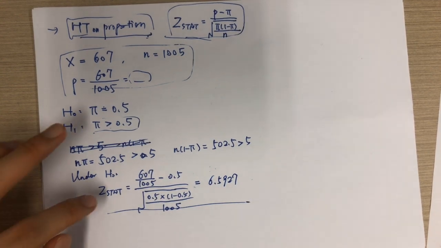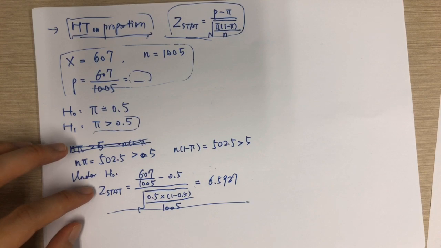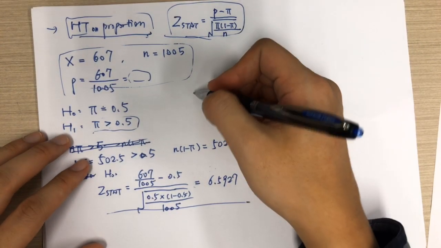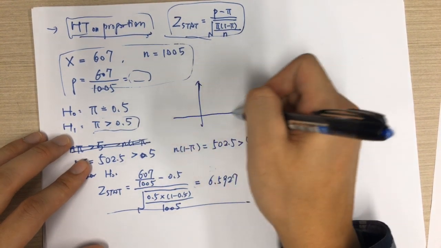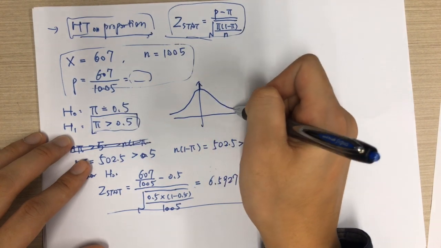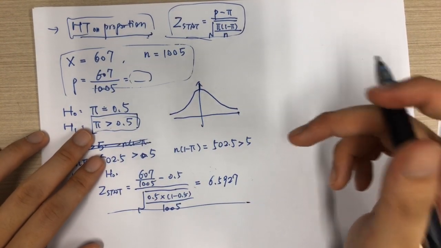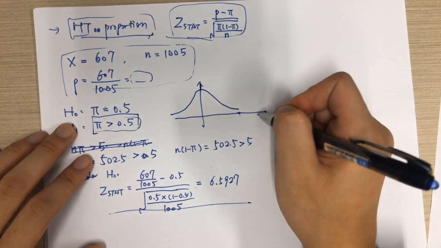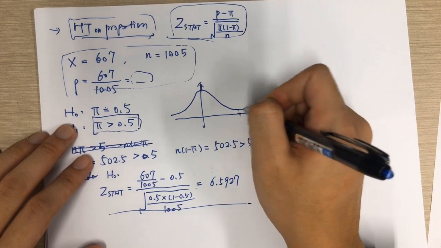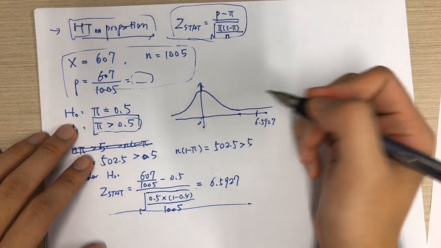Now, in order to make our decision, we need to determine whether this z-stat is in the rejection region or not. From the alternative hypothesis, we know this is a one-tail test on the right hand side, or the upper tail test. So our z-stat is observed to be 6.5927, and we're going to determine if this value is too far away from 0 to the right hand side.